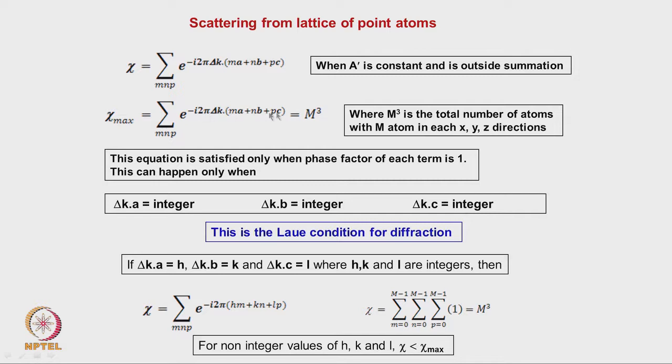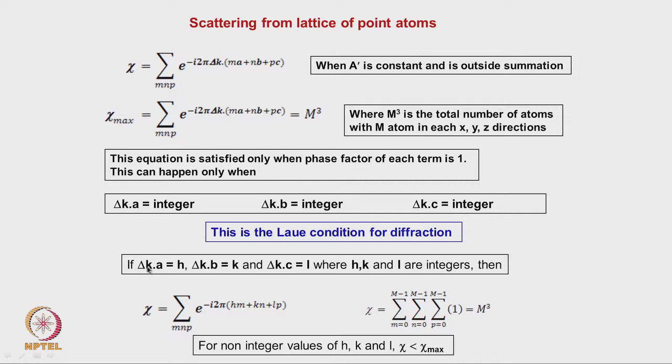So if the total number of atoms in any one particular row is m, in each direction, maximum value of n, m and p equals m, then the maximum value this phase factor can have should be equal to m cubed. It can happen, correct.